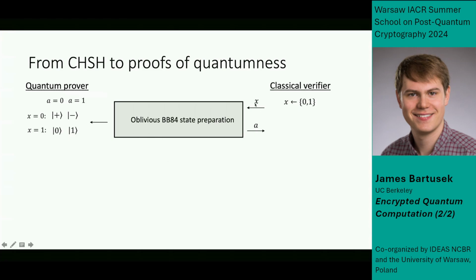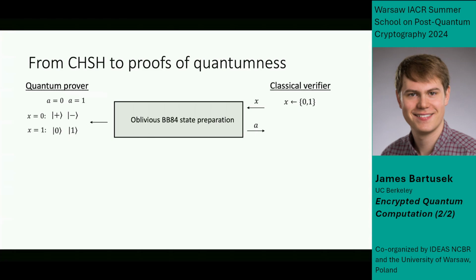Previously this bit was R, now I'm calling it X. If the classical verifier inputs this bit X to the protocol, then the quantum prover, depending on the value of X, will either get a Hadamard basis state or a standard basis state. And the verifier learns via the bit A which state the prover received. This is just the oblivious state preparation protocol, which we've already covered.